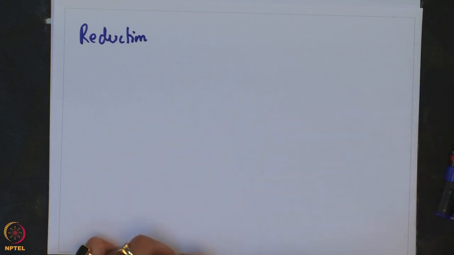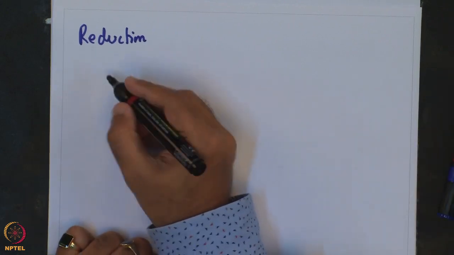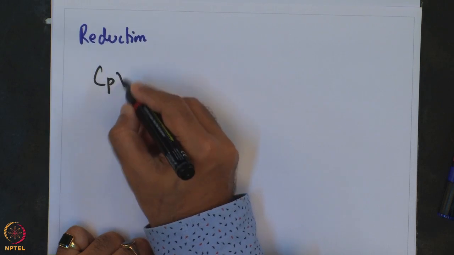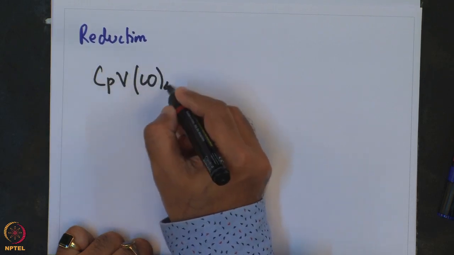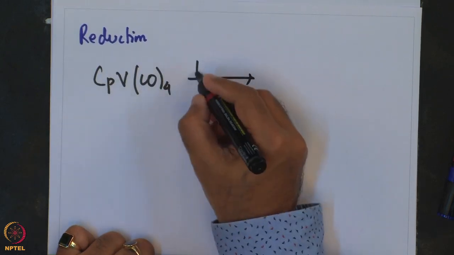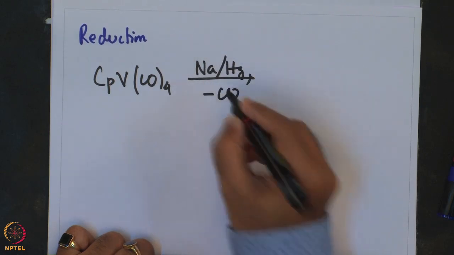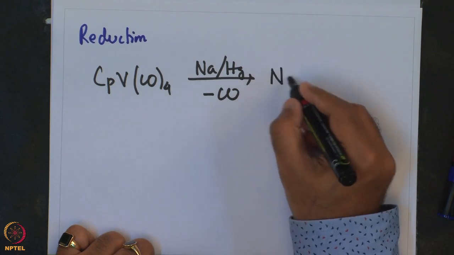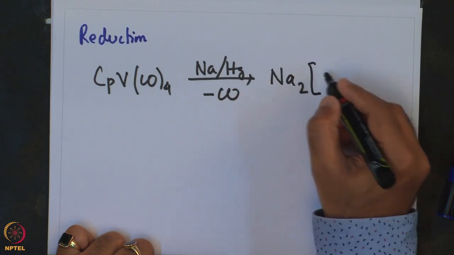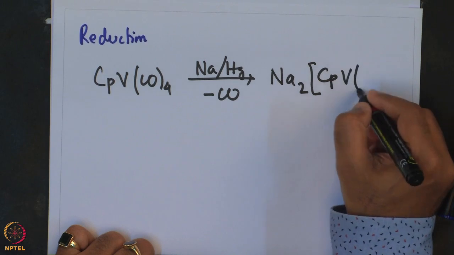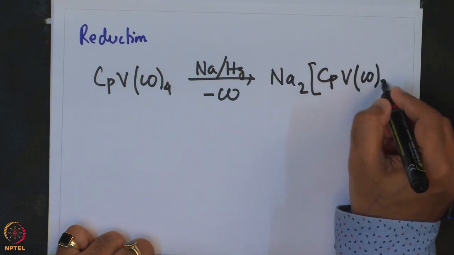An example is CpV(CO)4, which in presence of sodium mercury eliminates CO to give disodium CpV(CO)3.